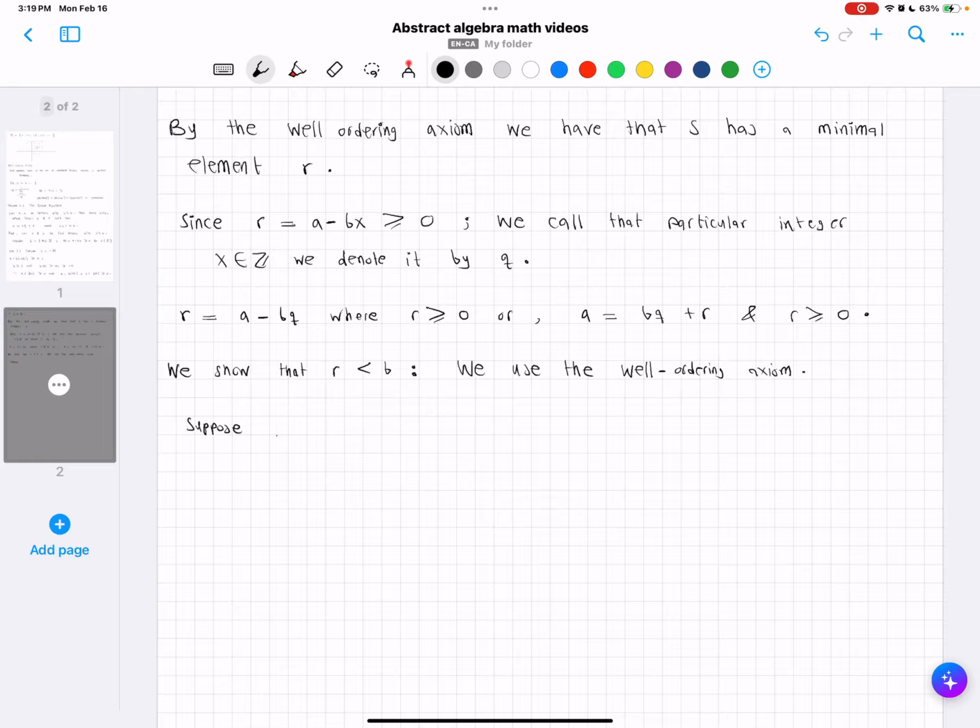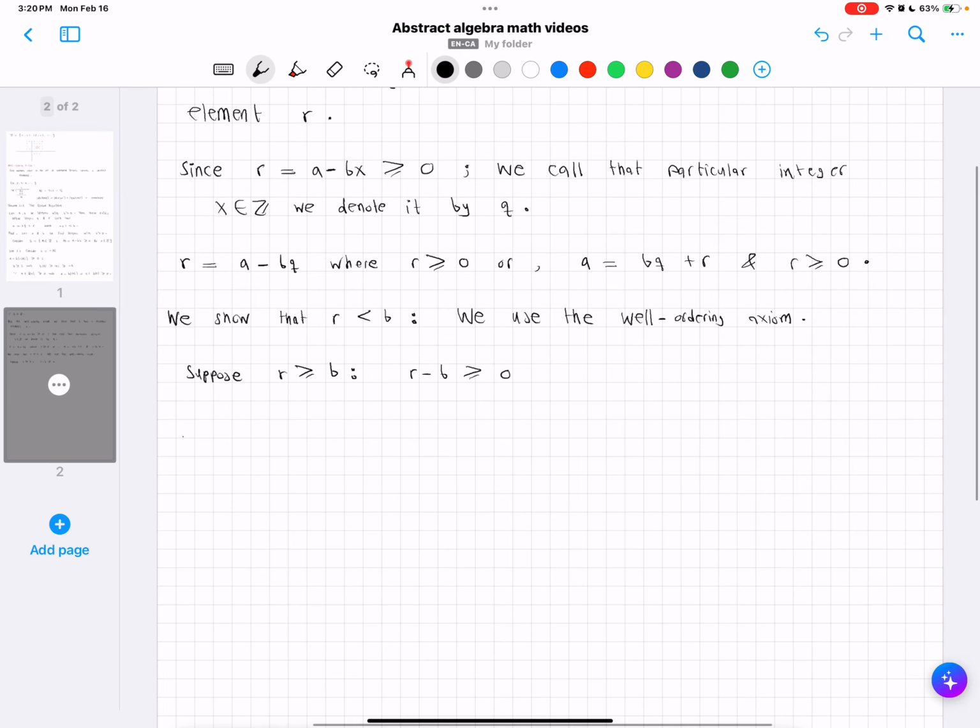So suppose by contradiction that R is bigger than B, then that means that R minus B is bigger than 0. So we have 0 is less than R minus B.